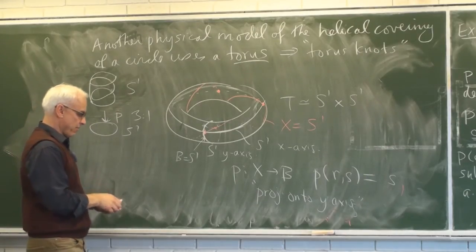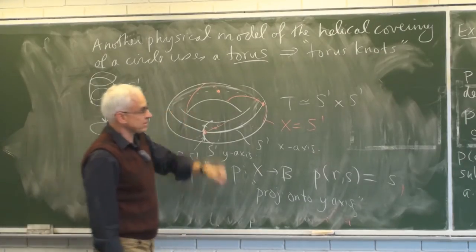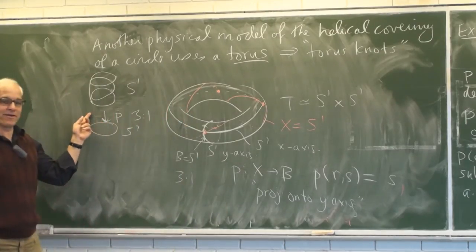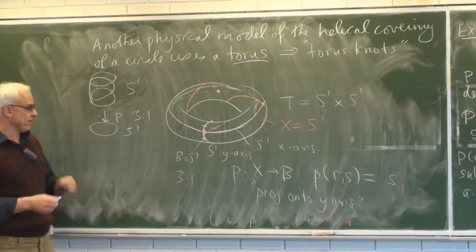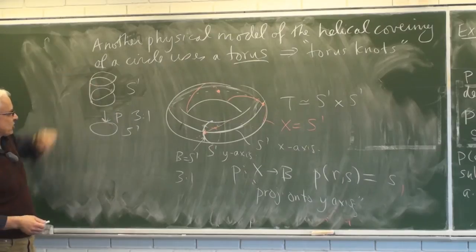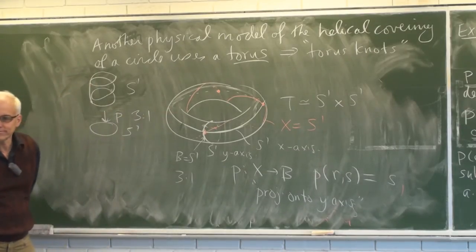So it's a 3-to-1 map. It's really topologically the same as this thing here, but in space we visualize it in such a way that the self-intersection has been eradicated by wrapping around the torus.